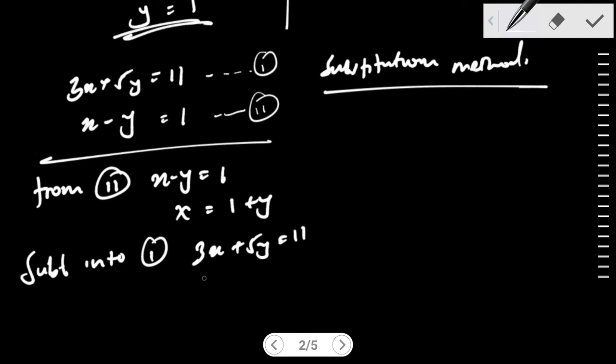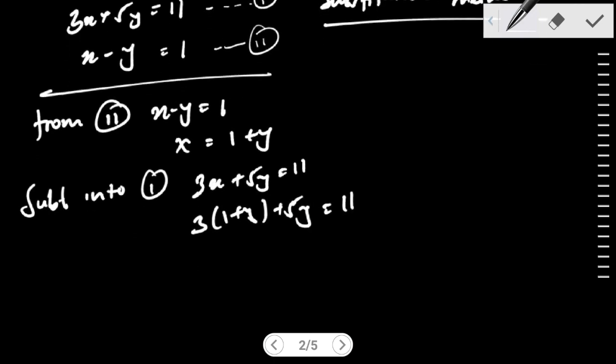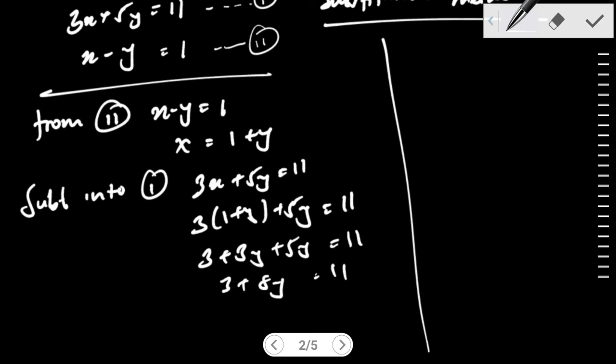Therefore if I substitute in, I'm going to have 3 into 1 plus y plus 5y would be equal to 11, and therefore this would be 3 plus 3y plus 5y would be equal to 11. Therefore this would be 3 plus 8y would be equal to 11.